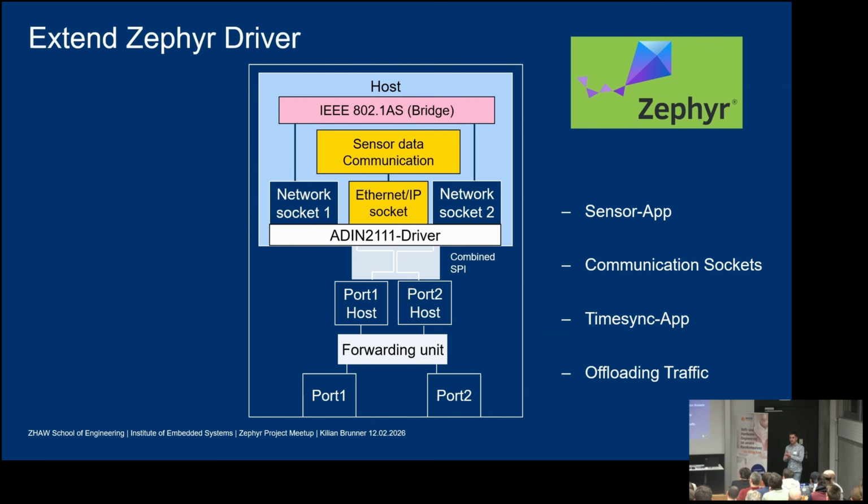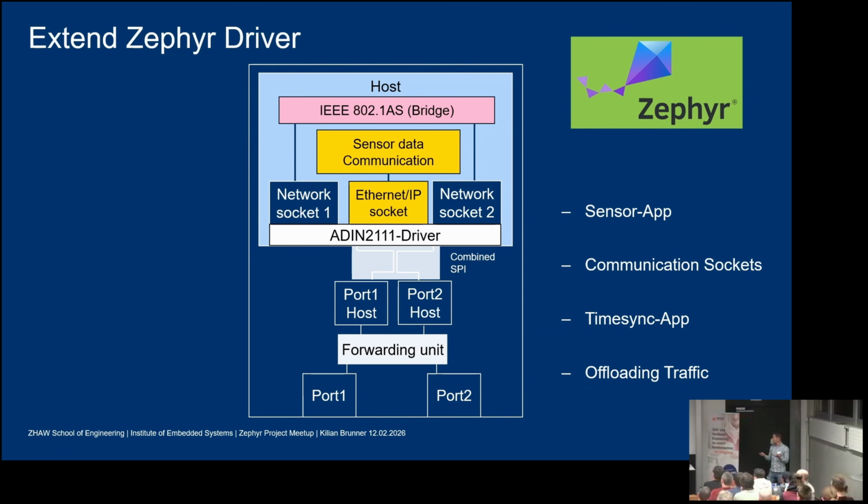We would like to have a single IP address for communication. We would like to have an internal switch chip or forwarding unit so that we can put these sensors in a daisy chain, and we don't have all the traffic on our CPU so that it's still all low powered. And of course, it should be on Zephyr.